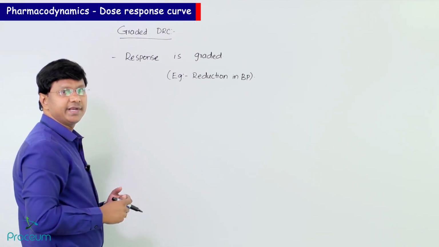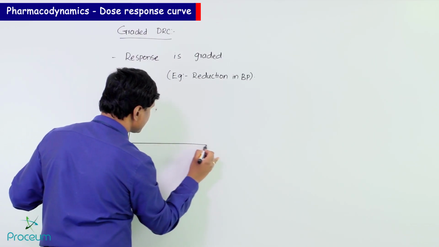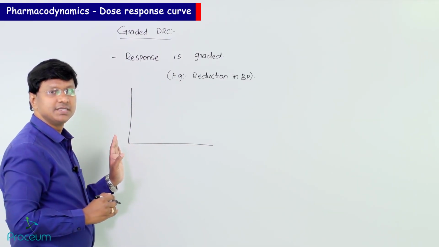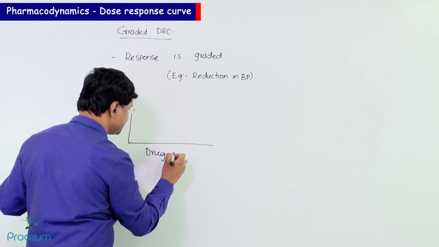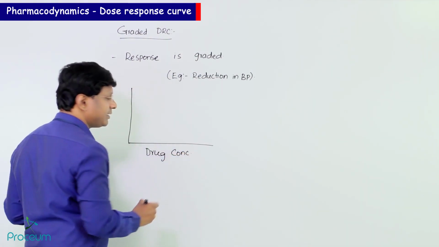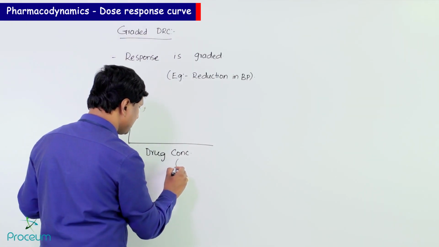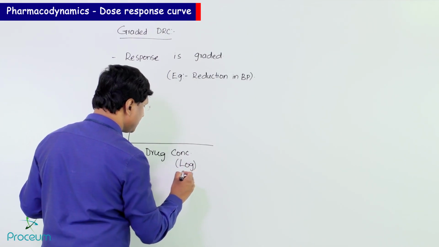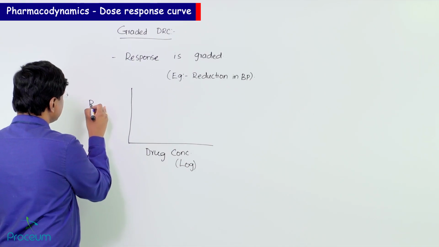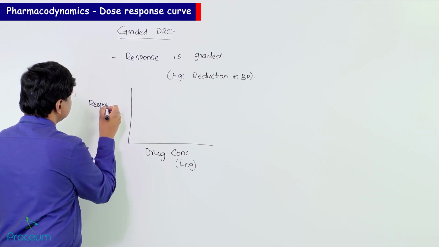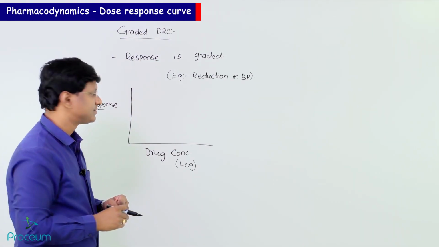For the graded response curve, you see the y-axis and the x-axis. On the x-axis, you have the concentration of the drug in the form of log. And on the y-axis, you have the response.